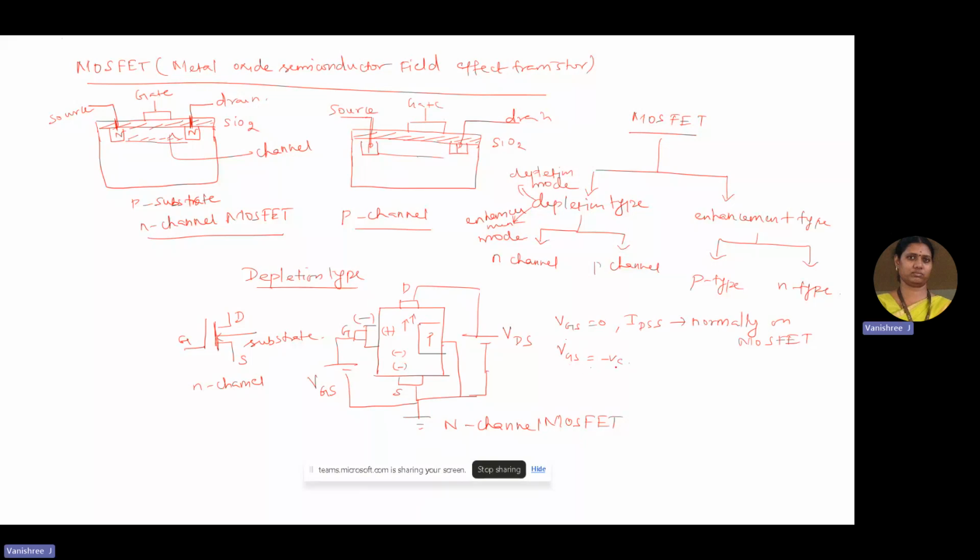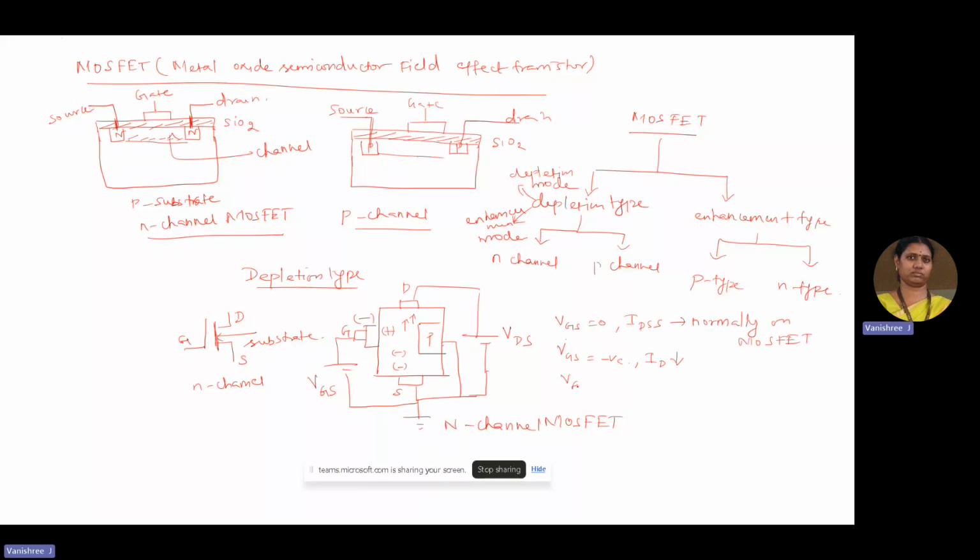So whenever VGS is negative, positive polarity is induced in the other plate, as a result of which the N-type charge carriers released from the source do not reach the drain, and rather combine with the positive polarity charge carriers. Due to this, whenever the gate source voltage is negative, the drain current reduces in its magnitude.